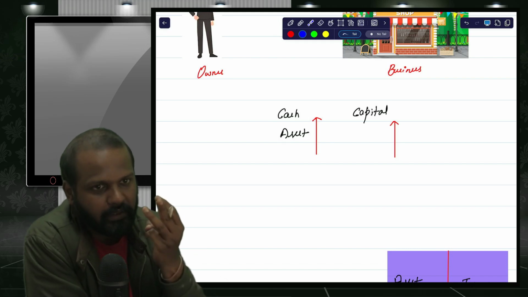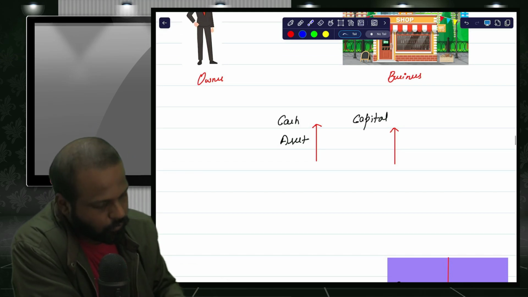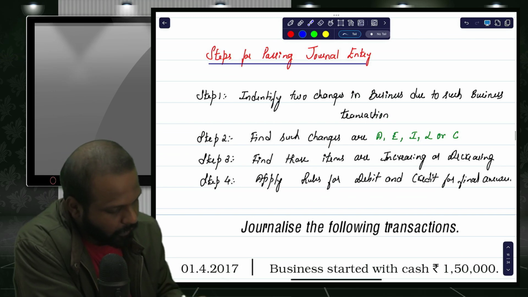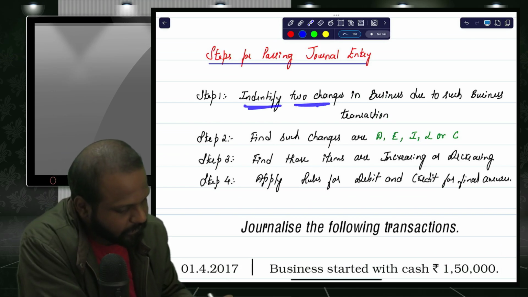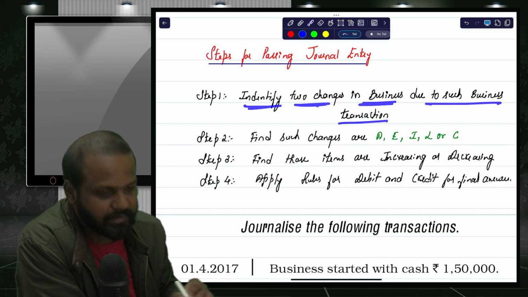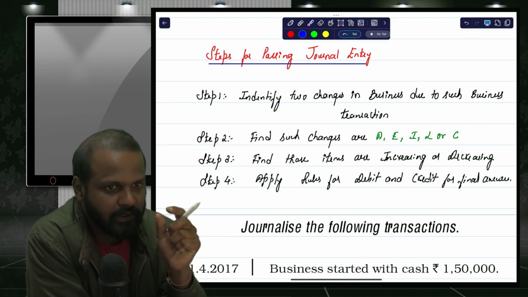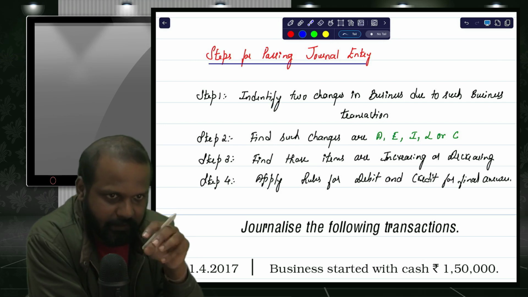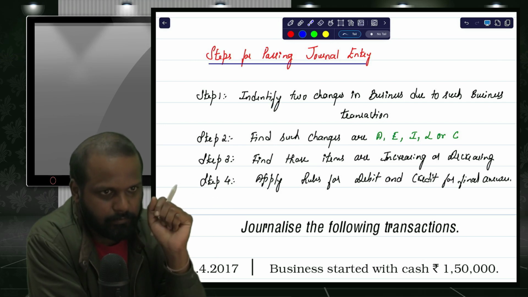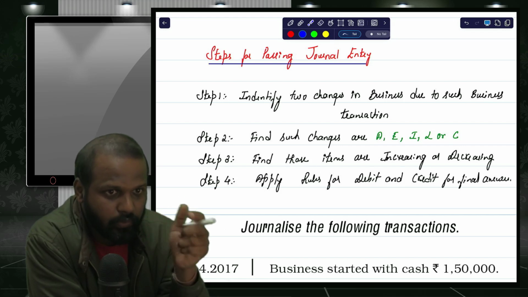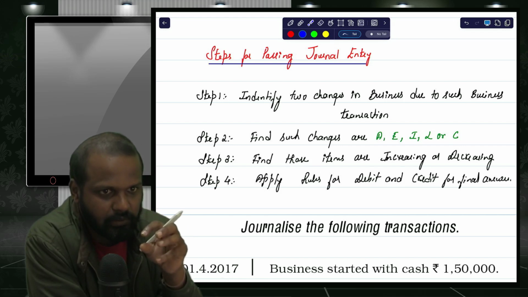So totally three things we have done till now. What three things? First, identify the two changes in the business due to the business transaction. What two things are changing? First, you find that out. One is cash and one is capital. Next, you match it.